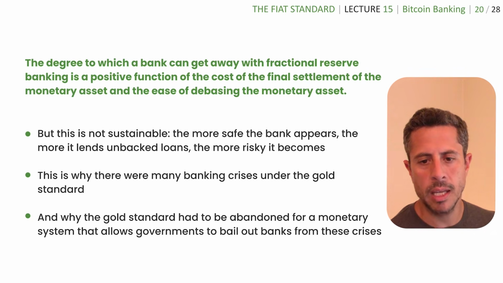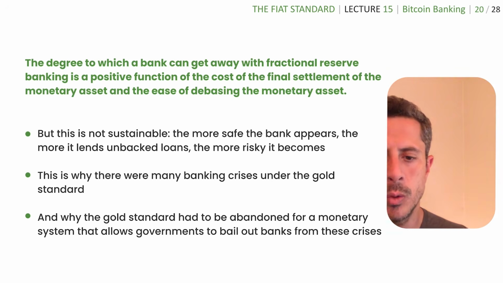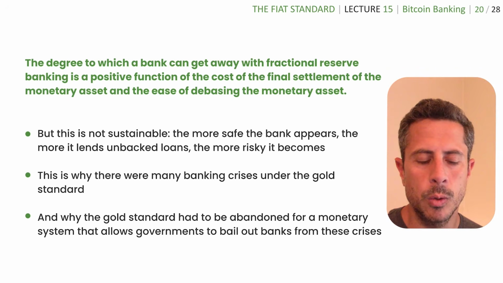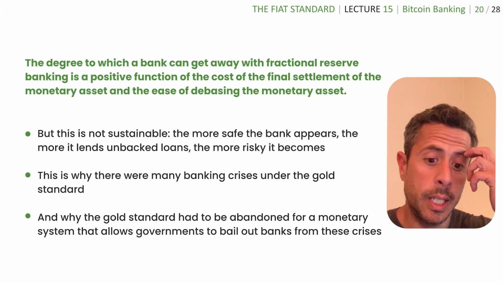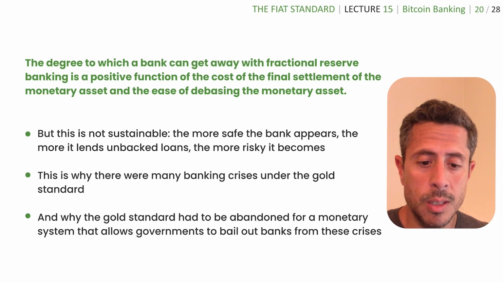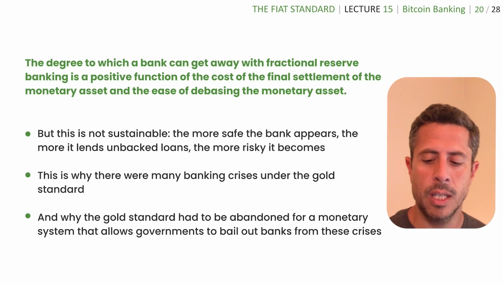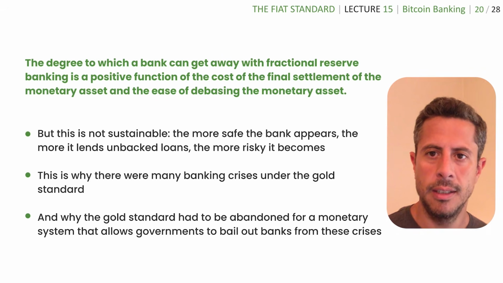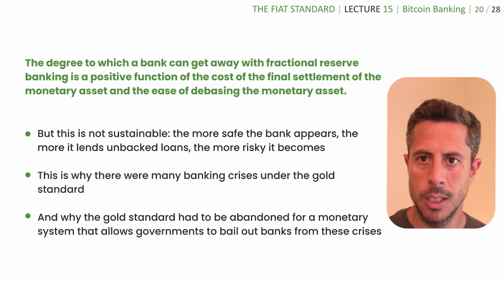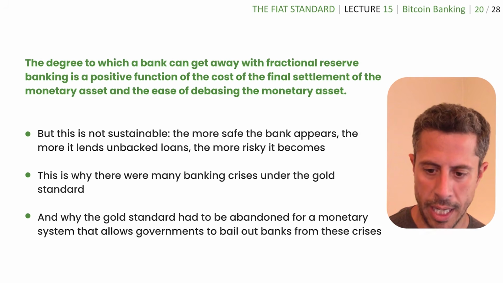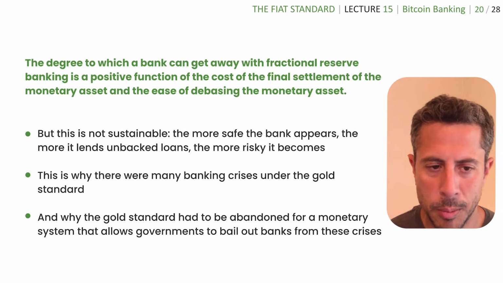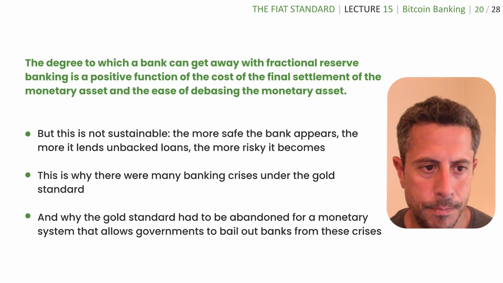The more safe the bank appears, the more it lends unbacked loans, the more risky it becomes. This is why there are many crises under the gold standard, and why the gold standard had to be abandoned for a monetary system that allowed governments to bail out banks from these crises. The problem of gold was that it did not allow governments to print it, to bail out banks, basically. And that's why it had to be replaced with something that is optimized for bailing out banks, which is fiat.